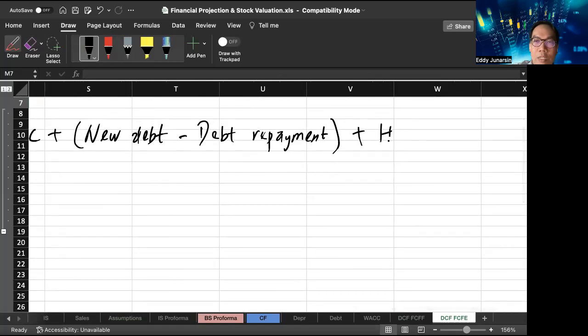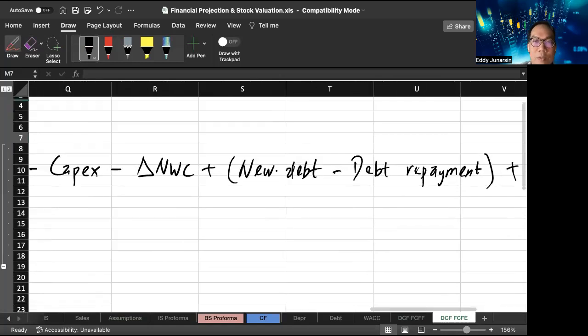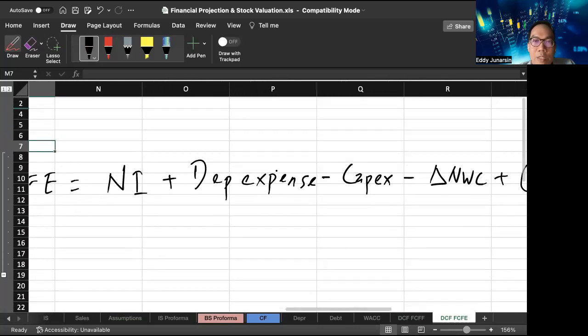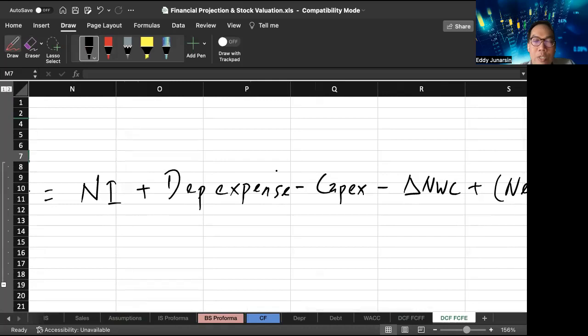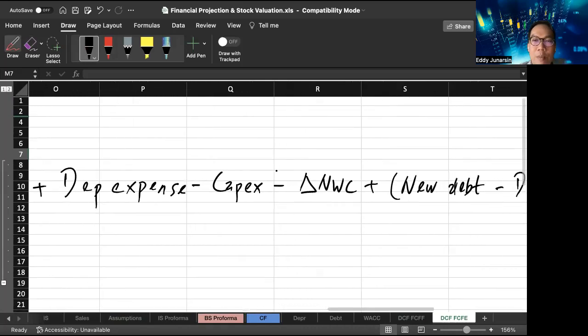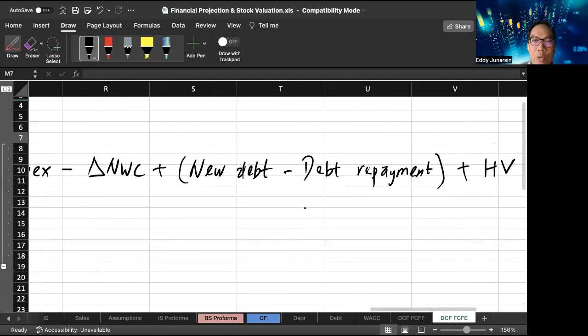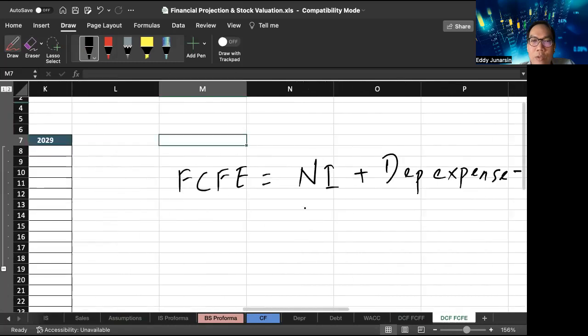And plus horizon value. Okay, so slightly different, right? Net income plus depreciation expense. So we add back depreciation expense minus capex minus the change in net working capital plus the difference between new debt and debt repayment plus the horizon value.